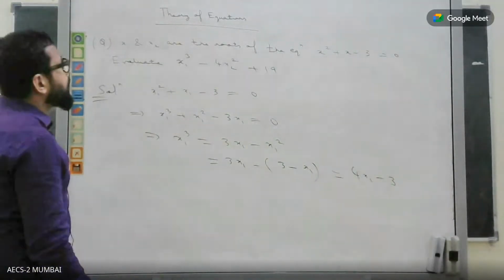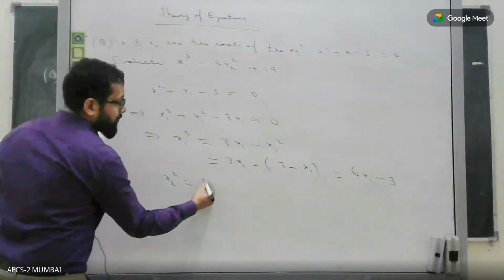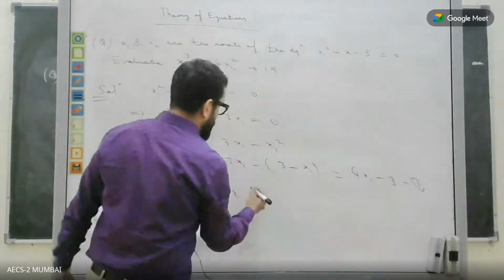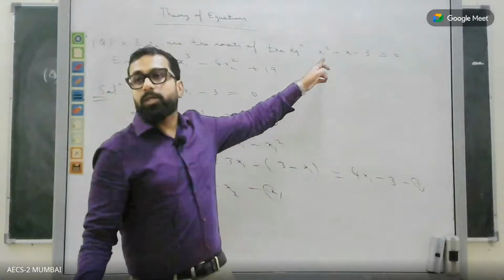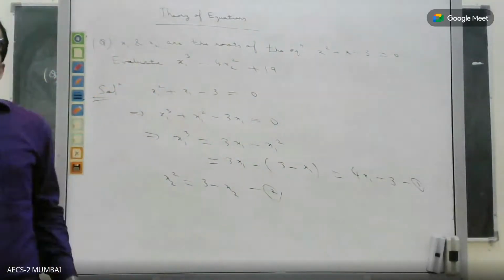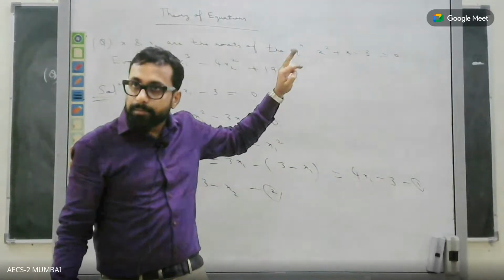Yes? What about x2 square? x2 square क्या होगा? 3 minus x2 होगा ना, same. From the original equation, x2 square is simply 3 minus x2. This equation is satisfied by x1 and x2 both, right?